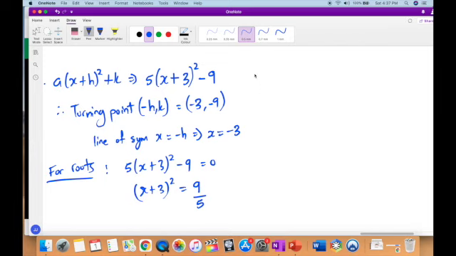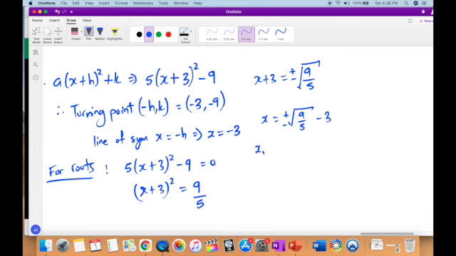So x plus 3 is now equal to the square root of 9 divided by 5. And therefore x is equal to, I take the positive 3 and throw it across, I get negative 3. So remember, a square root has a positive and negative answer. So you're going to get the positive and negative square root of 9 over 5, minus 3.